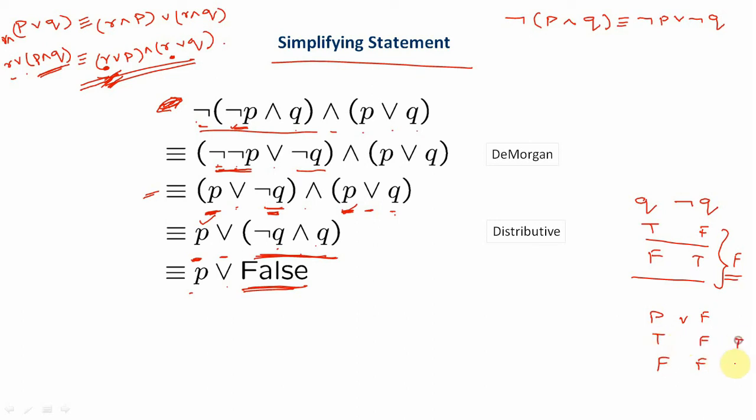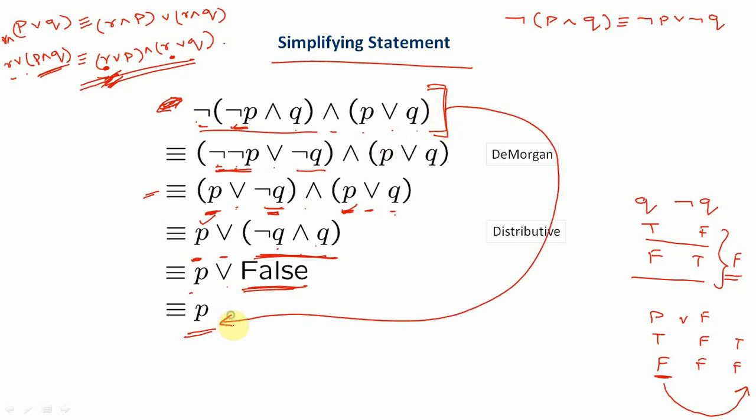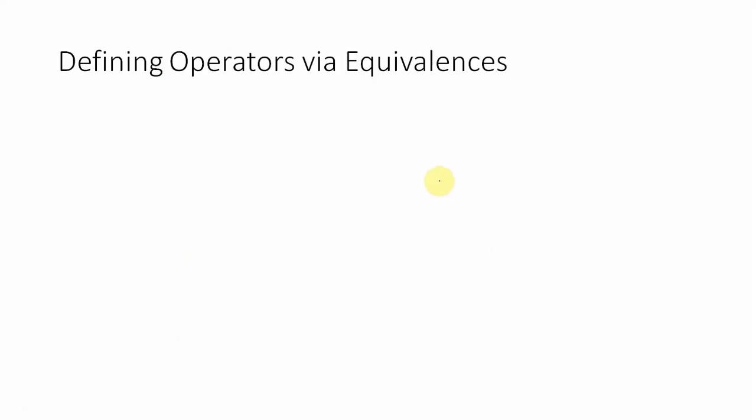True false is true, false false is false. So whatever is the value of P will be the resultant over here. So it is equivalent to P. So this complicated looking compound statement is in fact equivalent to our simple atomic proposition, right? So in this way, by applying these laws, you can simplify the statements.